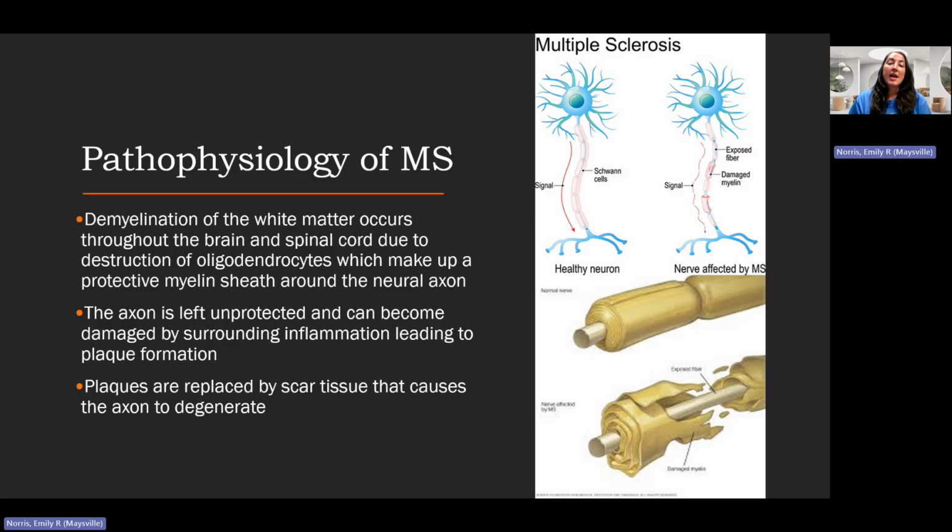It's damaged. It can cause inflammation, which then leads to scar tissue and plaque formations, which also damage the impulse that's traveling through when there's scar tissue there, and cause more degeneration. And that's the sclerotic plaques, that scar tissue, that are a key indicator of multiple sclerosis.